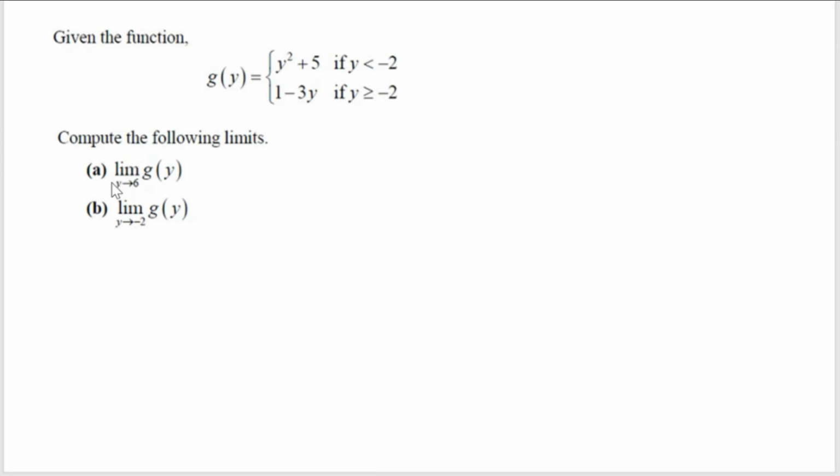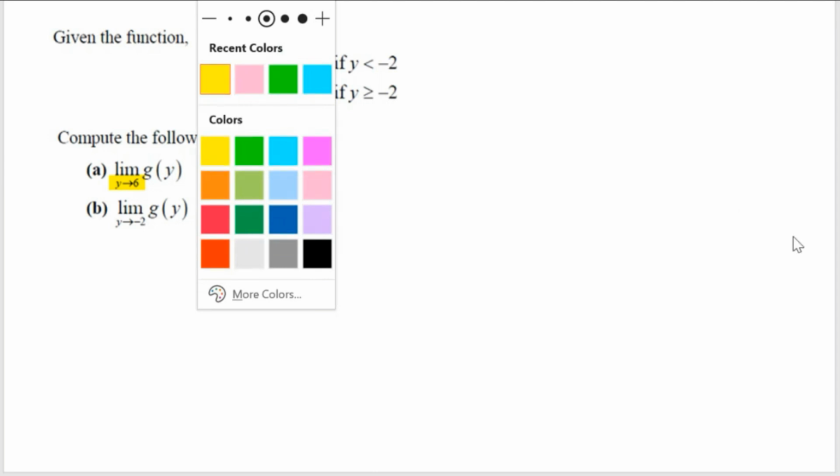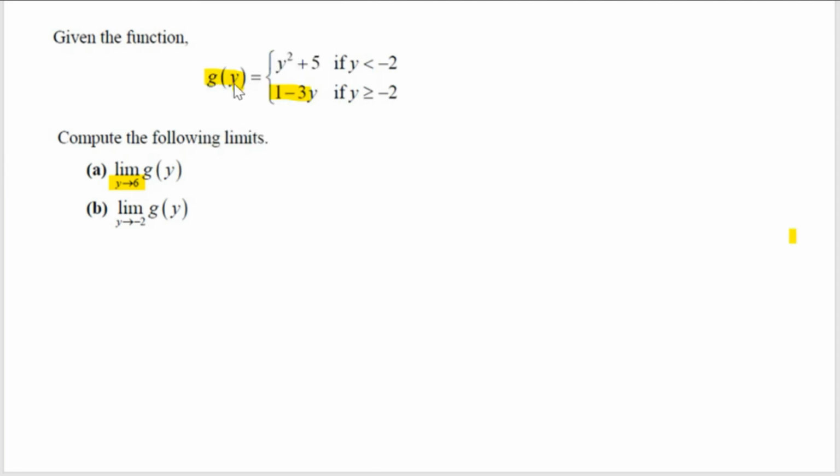Since our value of y here approaches 6, we are going to use this one, if y is greater than or equal to negative 2, since our y is greater than negative 2. Then use the definition of g of y, so g of y is equal to 1 minus 3y. So in other words, class, for letter A, I will do it like this.